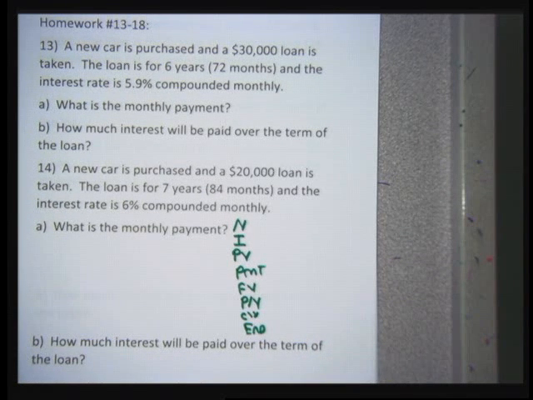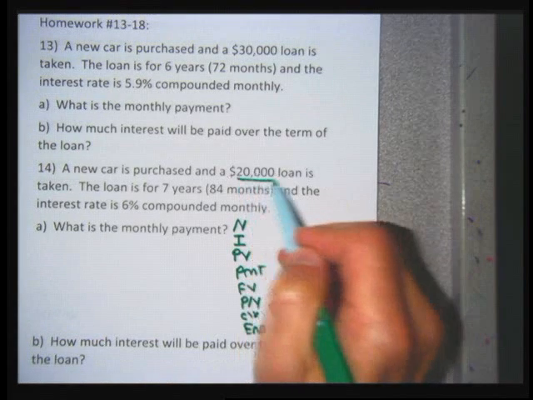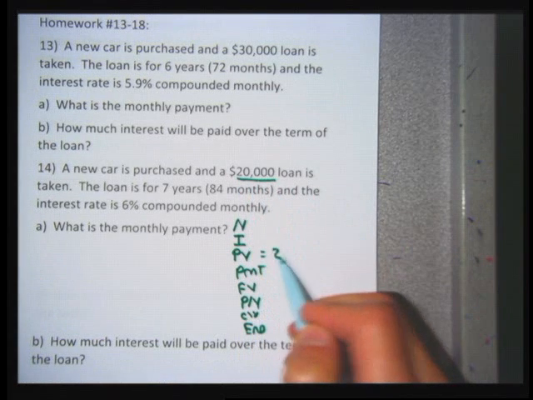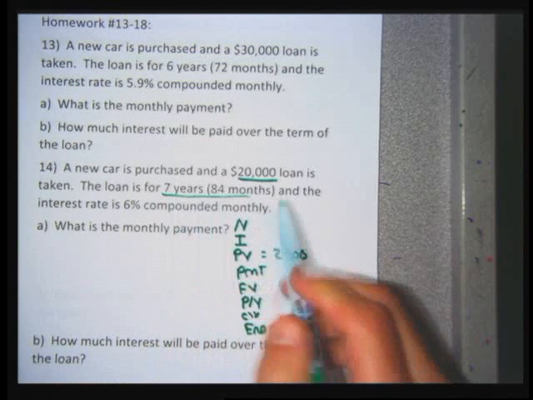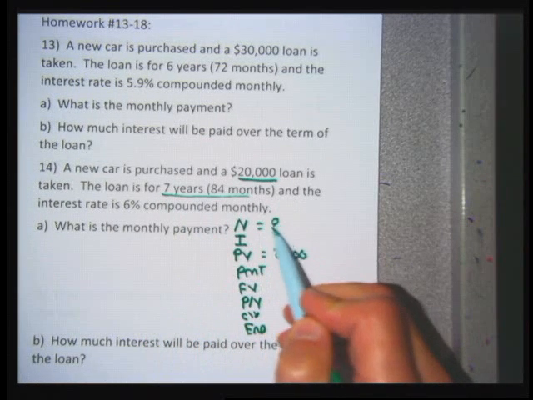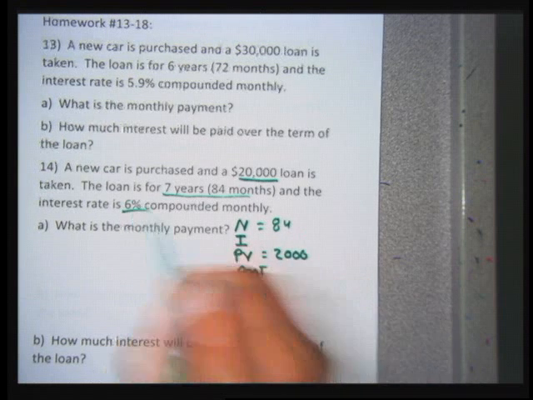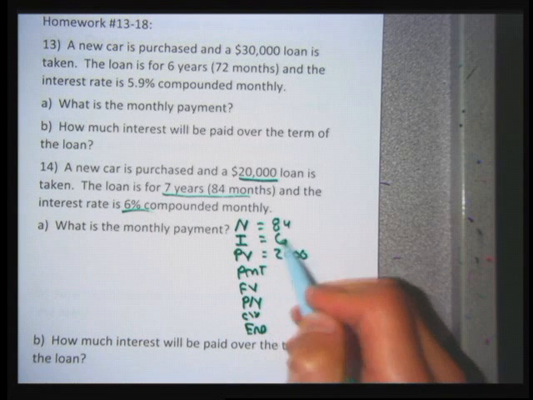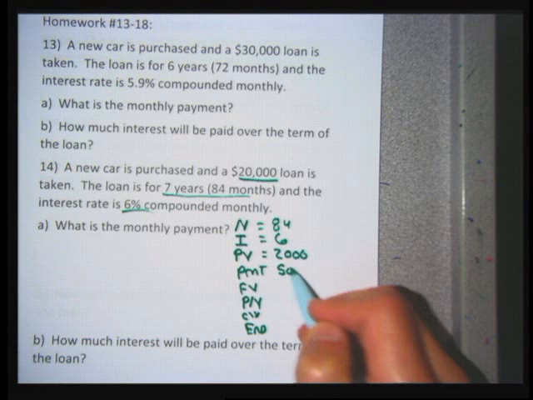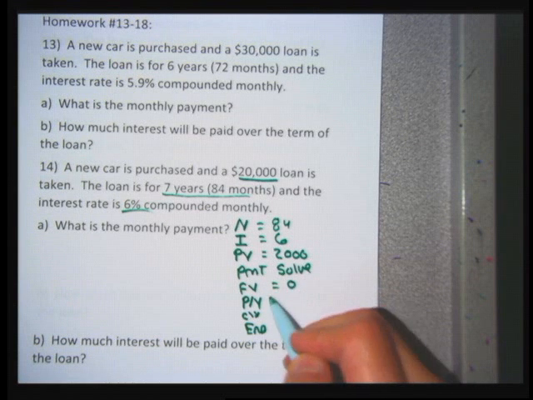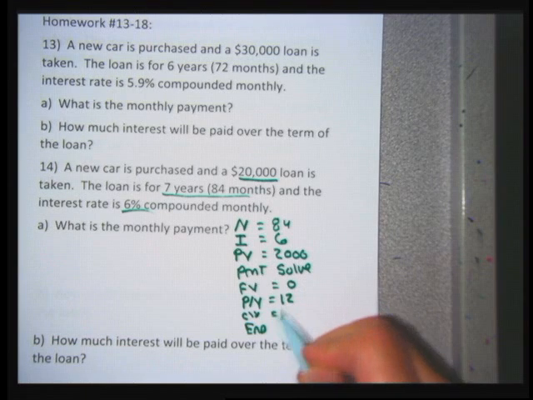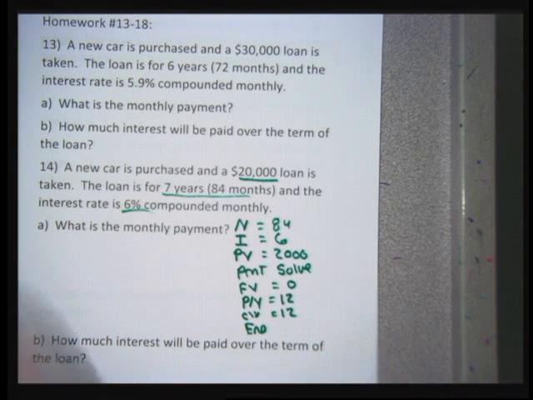So for my problem 14, the PV is $20,000. The N is 84 months. The I is 6%. Solving for the payment. My future value is going to be 0. My PY and CY are going to be 12, and my calculator is going to be on end.